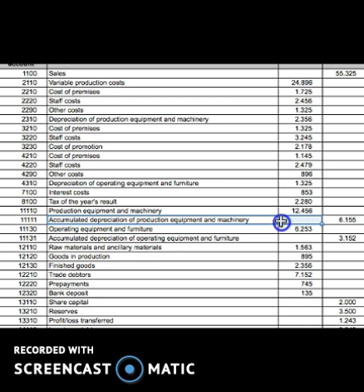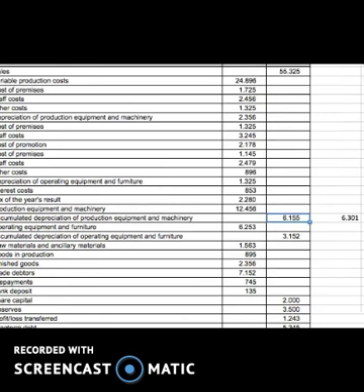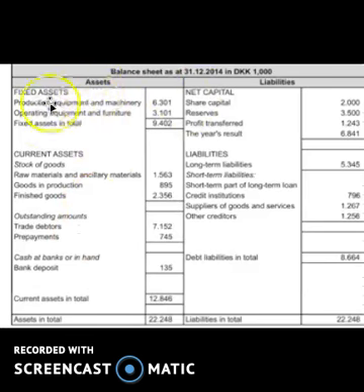This should be the amount that you subtract from the fixed assets. Therefore, you take the production equipment and machinery number and subtract the 6,155, which gives us 6,301, which is the amount for production equipment and machinery.